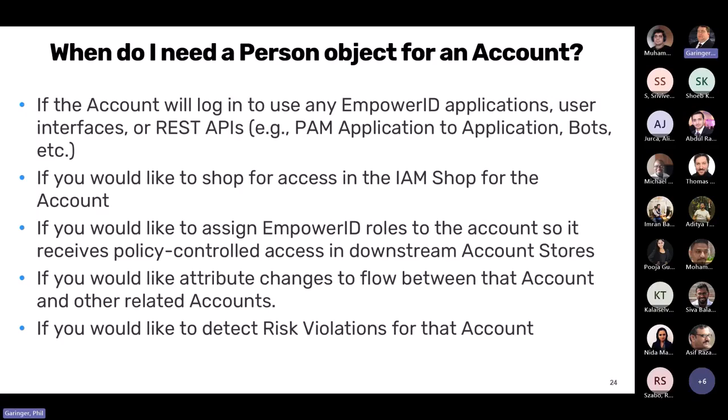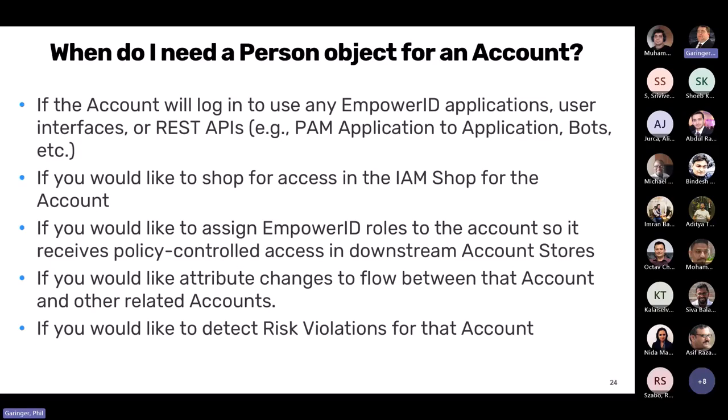Or if you call an API that says, I want to run this workflow, and the person object you send as the authenticated user does not have the initiate rights to that workflow, it's not going to be able to run the workflow. So if you want to use a particular identity to call an API, that identity has to have a person object in EmpowerID.